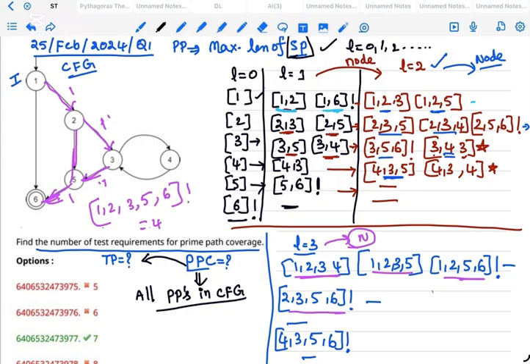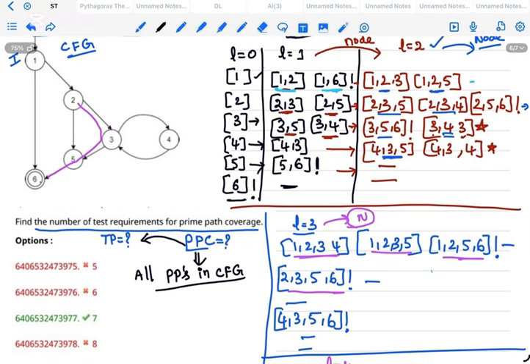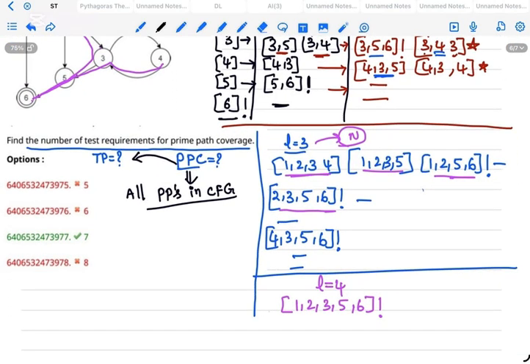So this one 2 3 5 6, for this 1 2 3 5 6 it cannot be extended because at the final vertex we cannot extend. 4 3 5 6, that is 4 3 5 6, we cannot extend. So up to only length 4, only one simple path is there.